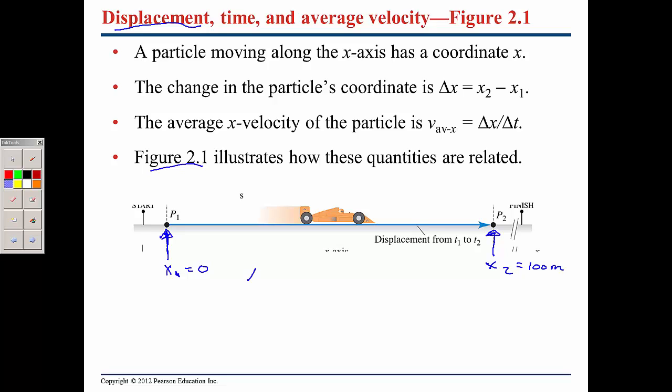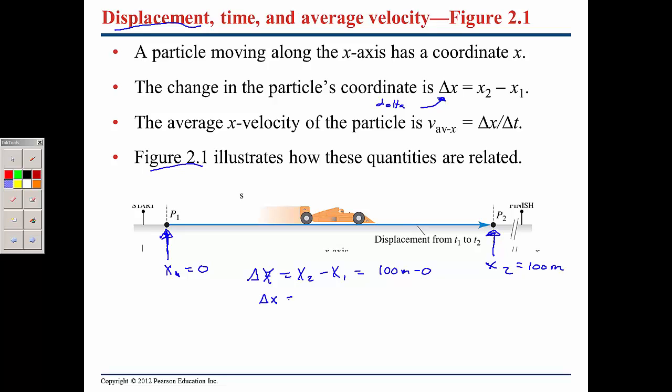You can say that the displacement, being the change in position, that's what that Greek symbol delta means, is equal to x2 minus x1, which would be 100 meters minus 0.